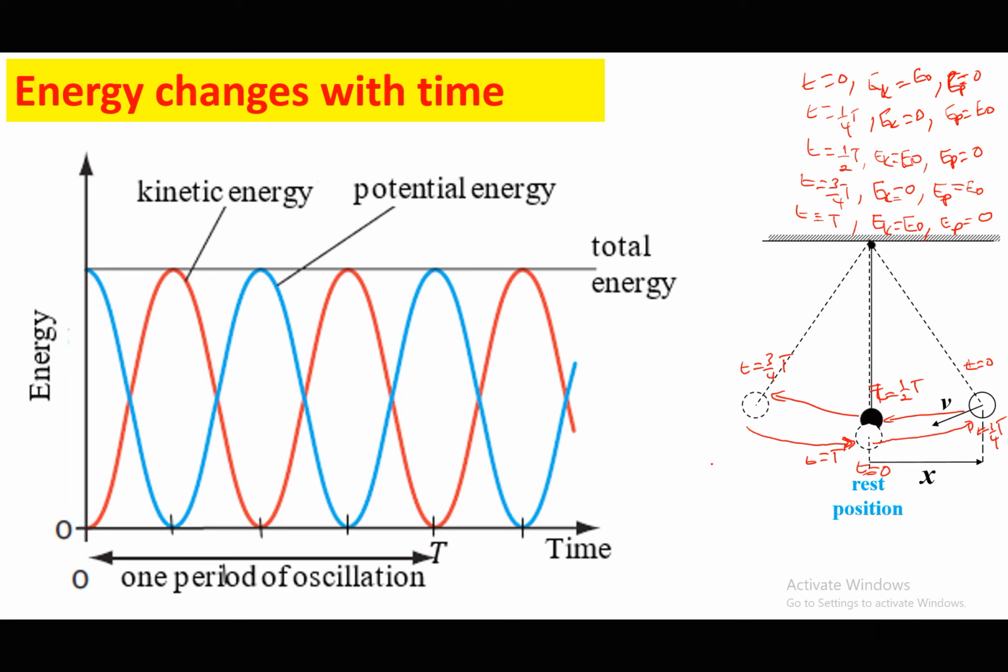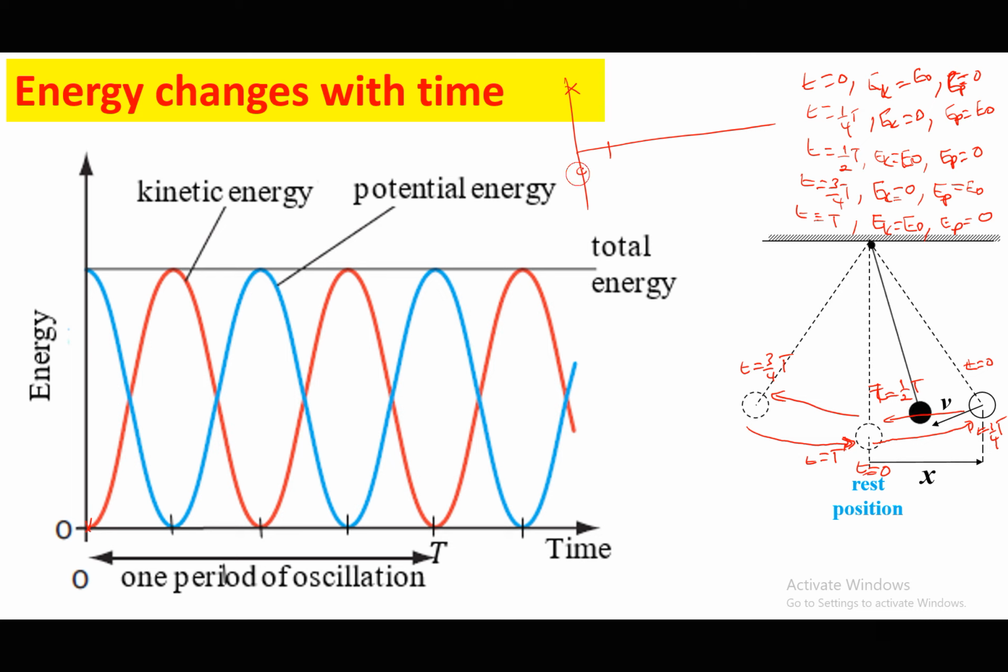Let me try to sketch it here. So here, when t equals 0, the body is passing equilibrium. Here it is at maximum displacement. The one I've just discussed would look like this. At t equals 0, the body is passing equilibrium, so it is just the opposite. So this would be kinetic energy. I'll divide this into 4 parts.